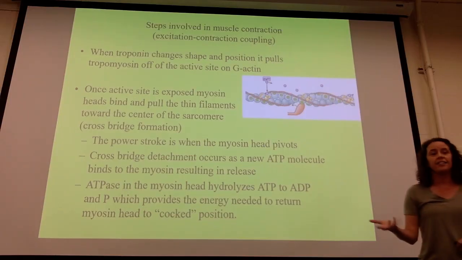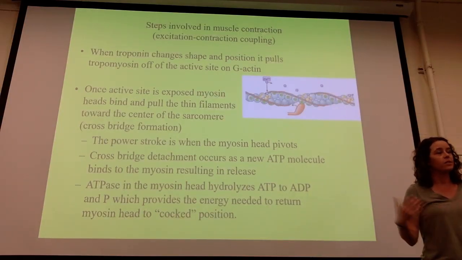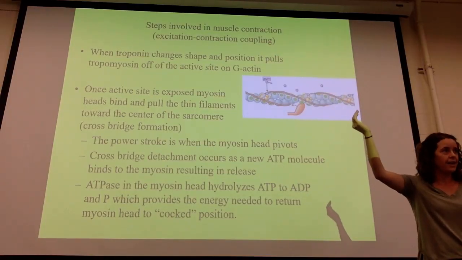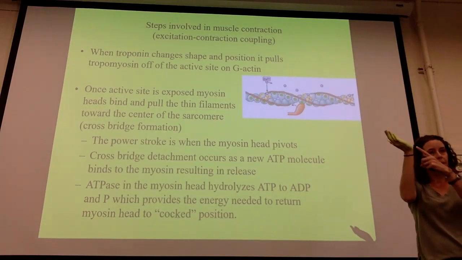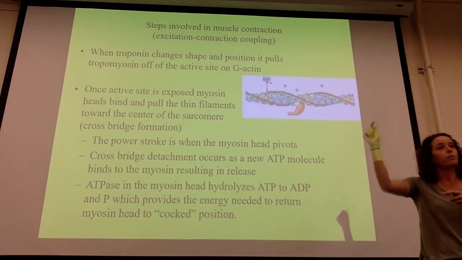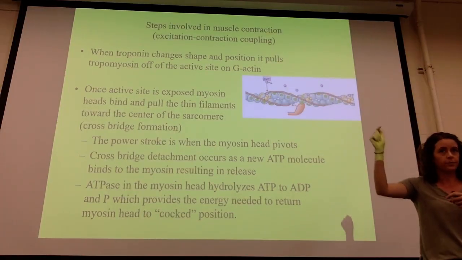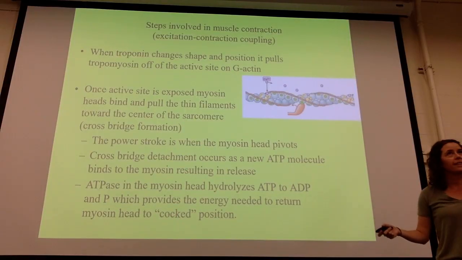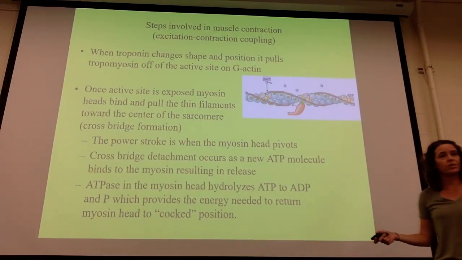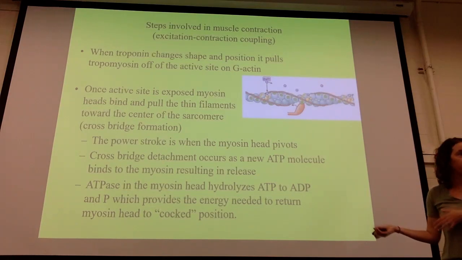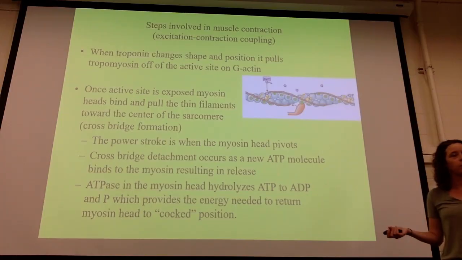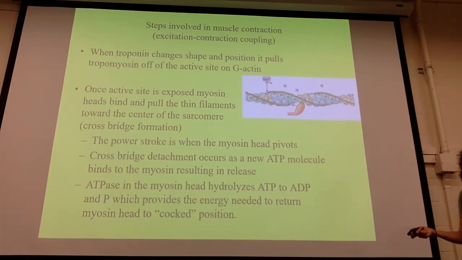So once that active site, that binding site is exposed, myosin is now able to bind to actin. When myosin head binds to actin, it forms a cross bridge. Then we go through our steps here, which we looked at the end of the lecture on Tuesday, the sliding filament theory, which is how exactly do actin and myosin produce contractions.